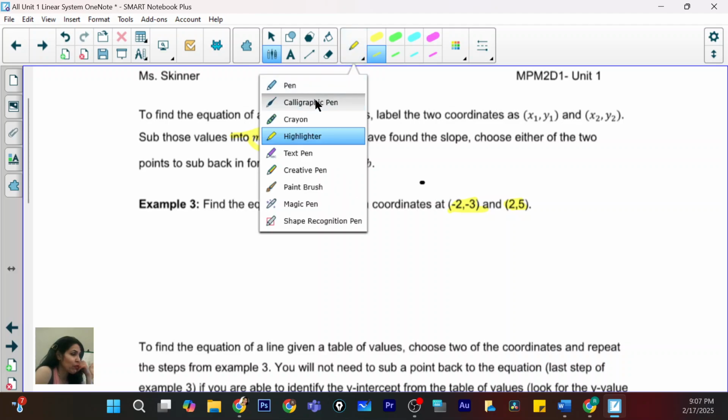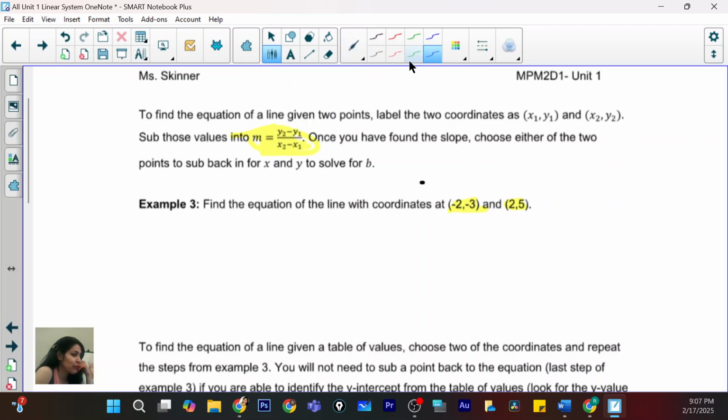The equation of the line is y equals mx plus b, but m is y2 minus y1 divided by x2 minus x1. We are going to label that. So we have 2 points.